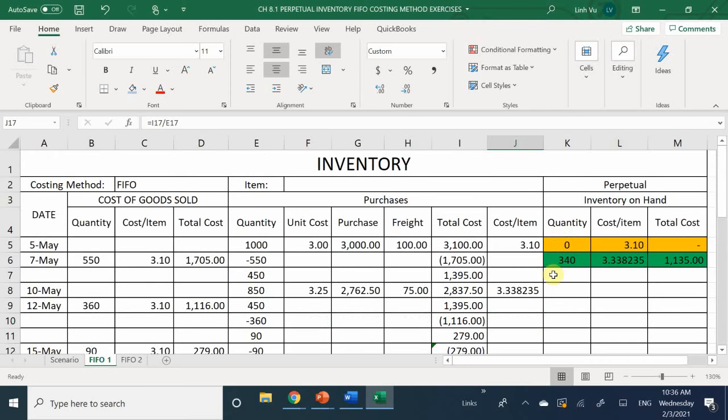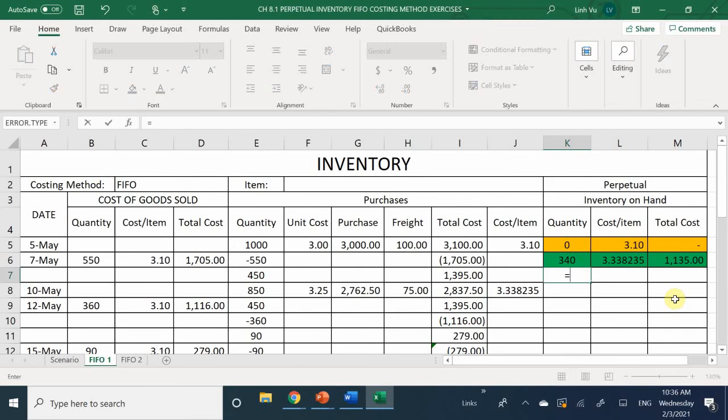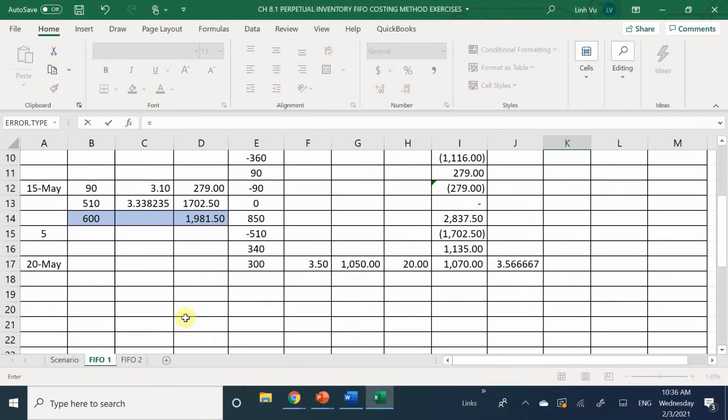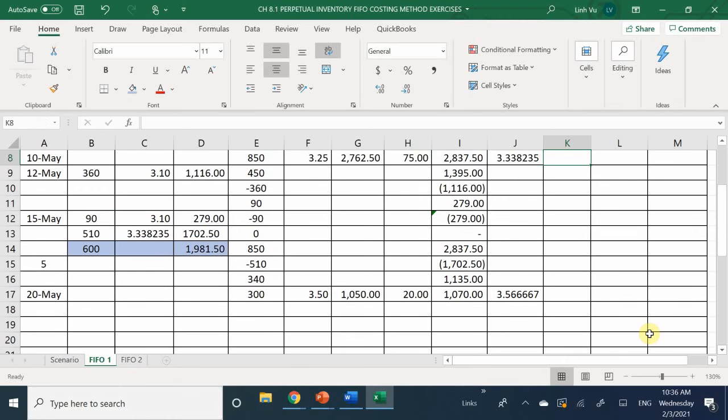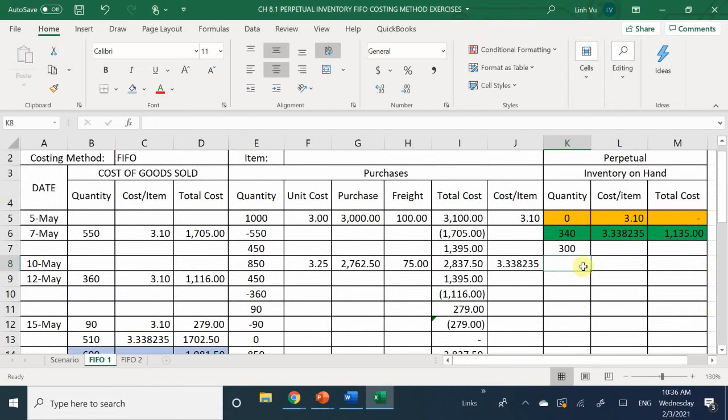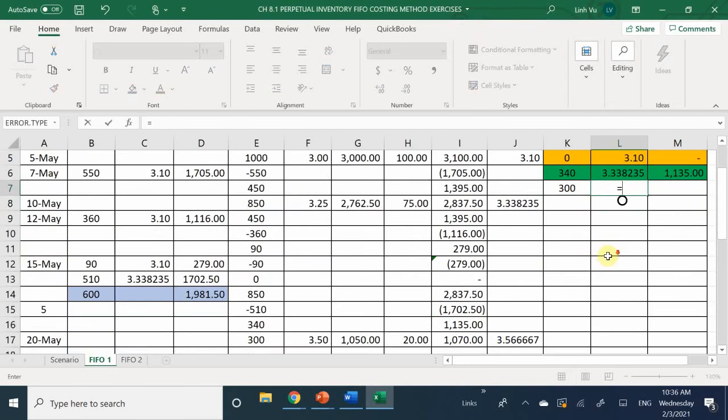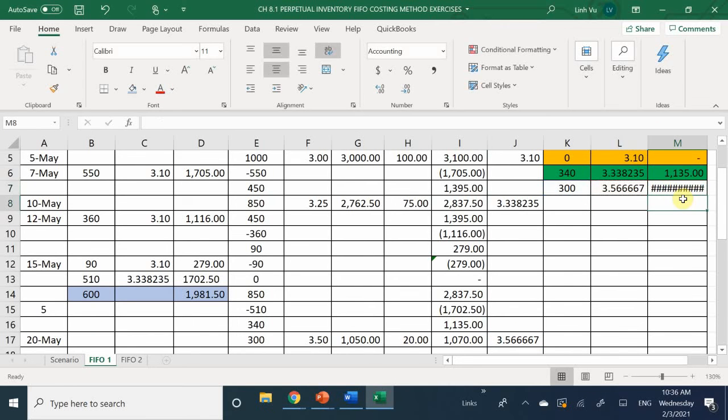Okay, so now I'm going to go ahead and drop that into my inventory on hand. Again, I should have 300 items, and it's going to cost me 3.5667, for a total of 1,070 even, all right?